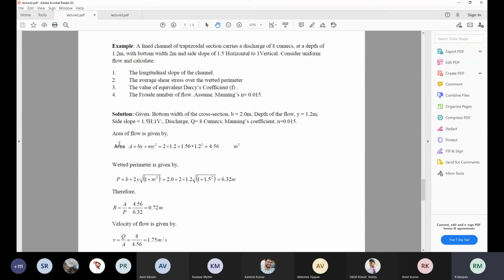Now, what is the area of the flow? If it is a trapezoidal section, you know the formula: A is equal to By plus My square.